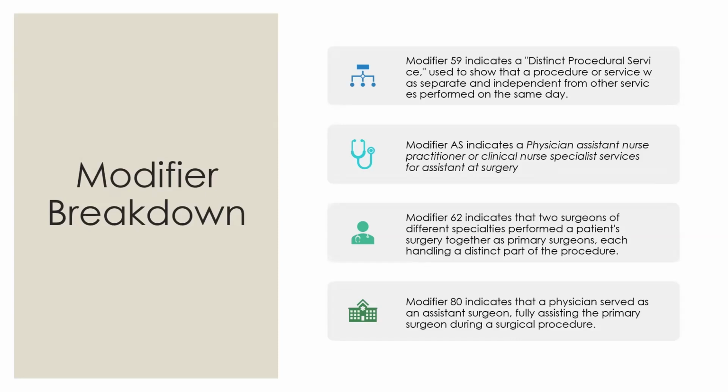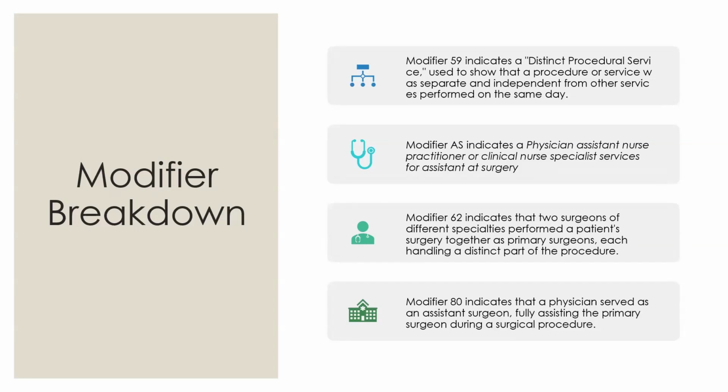Modifier AS is for physician assistants and nurse practitioners who are assisting at surgery. Modifier 62 is when two surgeons of different specialties are performing the surgery as distinct portions of the procedure.